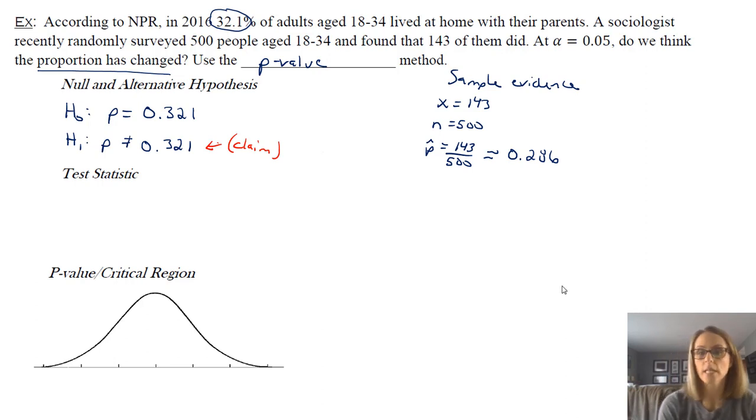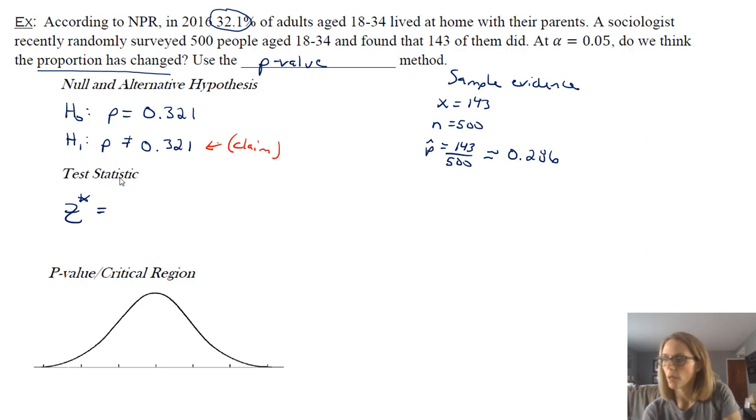And now what we have to do is we have to test that sample evidence against what used to be true. So our P, the old proportion, is 0.321. That's already a proportion. So I'm going to write Z star, that is my test statistic. And I'm going to take my sample data, the P hat, this is just from, you can look on the previous pages.